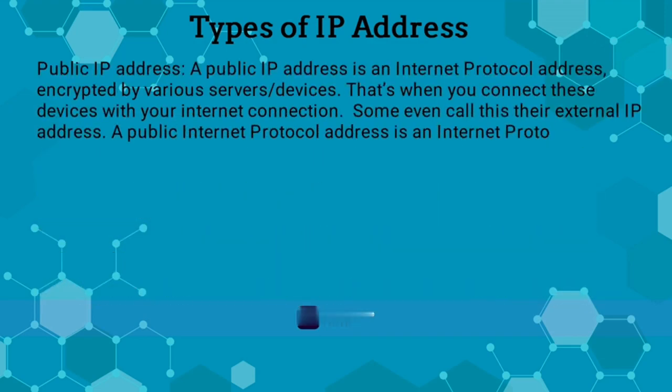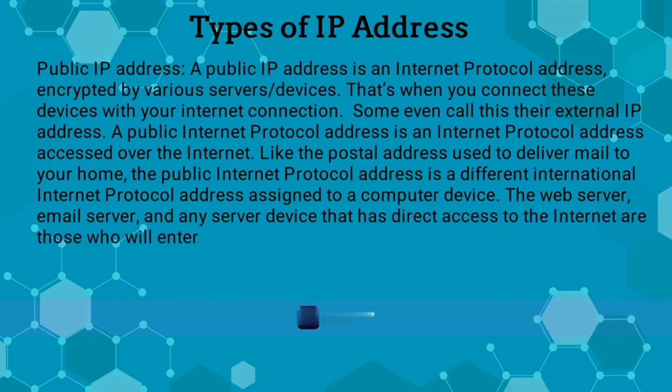Public IP addresses. A public IP address is an Internet Protocol address encrypted by various servers or devices. That's when you connect these devices with your internet connection. Some even call it an external IP address. A public Internet Protocol address is an address accessed over the internet, like the postal address used to deliver mail to your home.